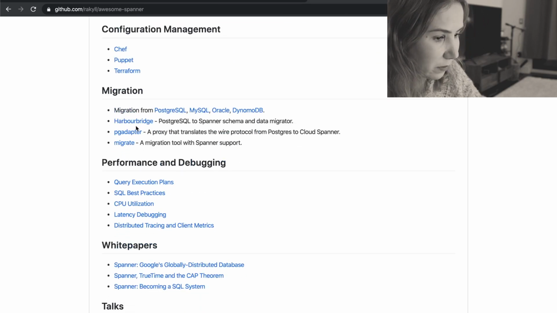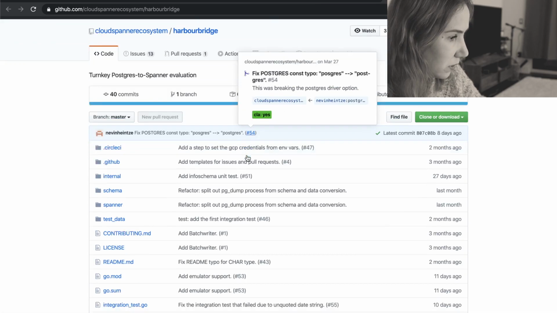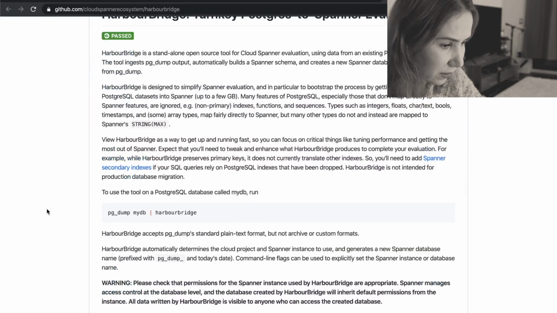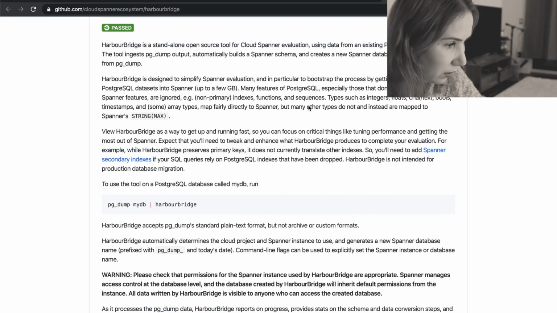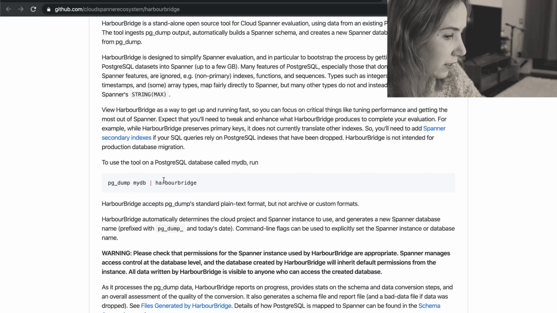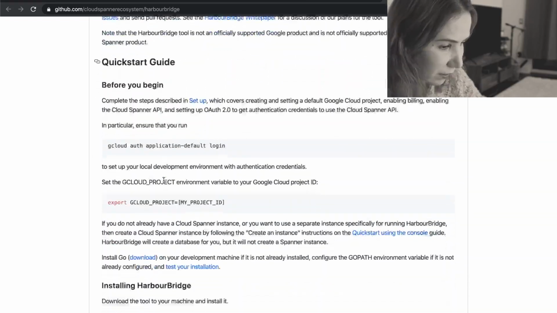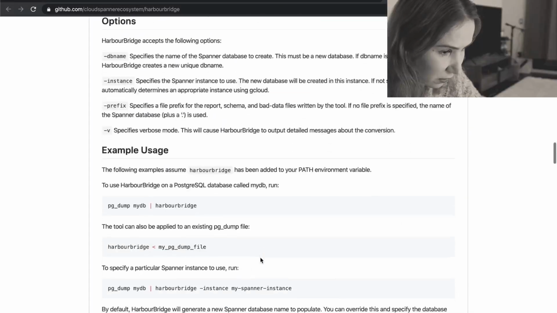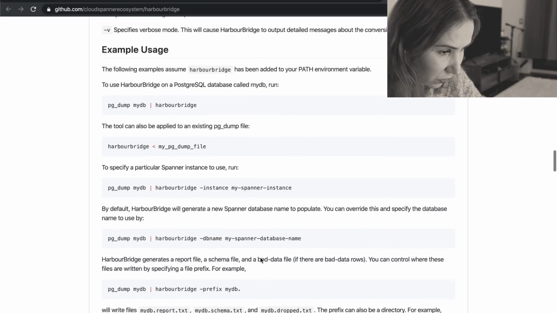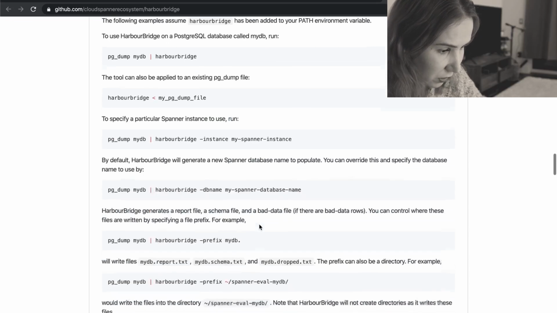There is an interesting migration project called Harbor Bridge and this PG adapter. Harbor Bridge basically takes a PostgreSQL dump, including schema and data, and migrates the same schema and data to your Spanner instance. There are some example usages here.